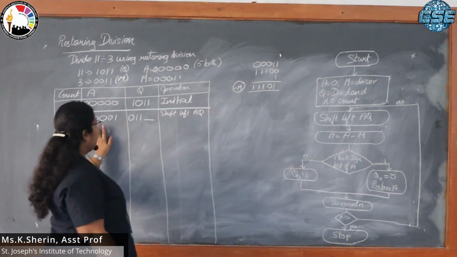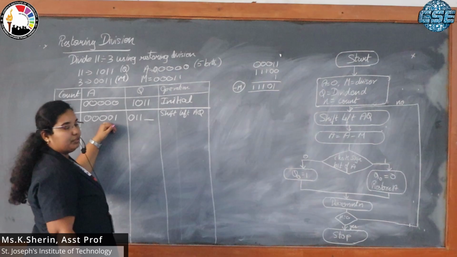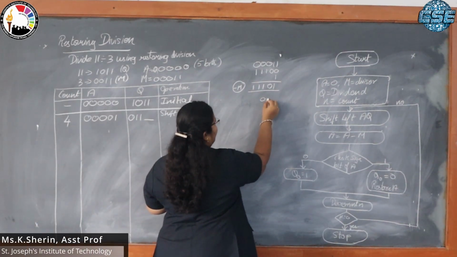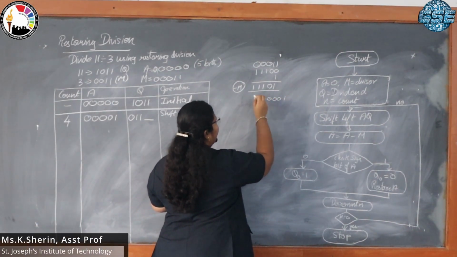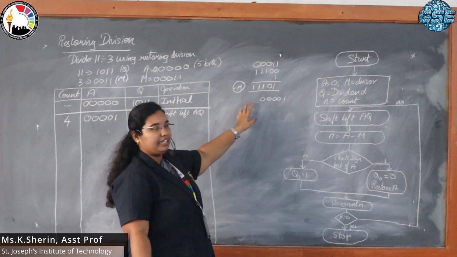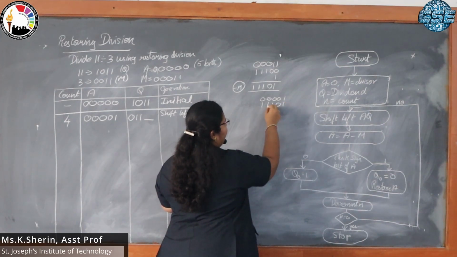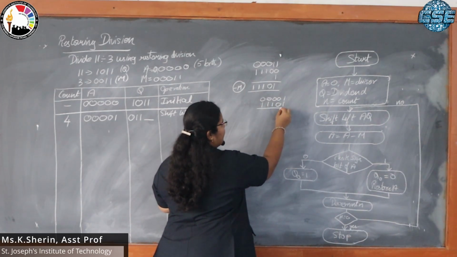So what is my A value given over here? The first step condition is 4 zeros and 1. So I'm taking it as 4 zeros and 1, and instead of subtracting, I have the value for minus M. So minus M I'm giving as 11101. While adding it, 1 plus 1 is 0, carry 1, and so on.